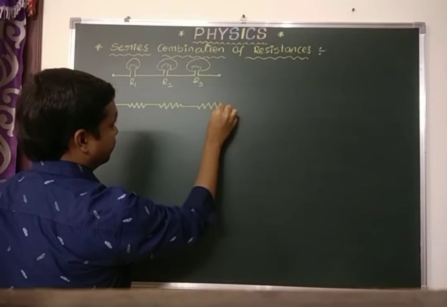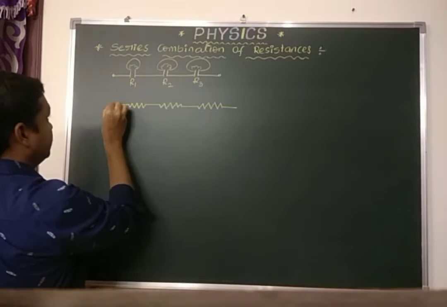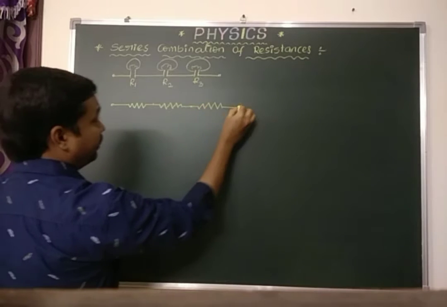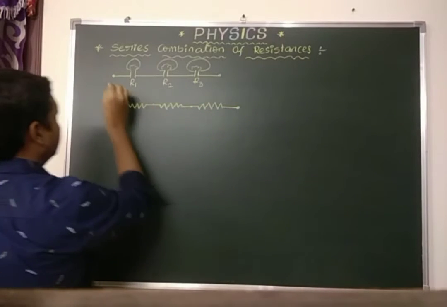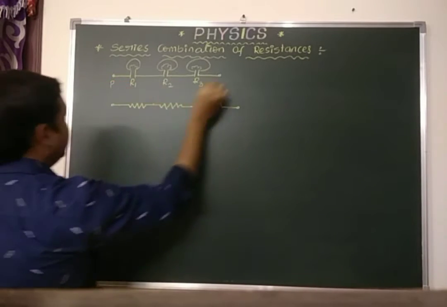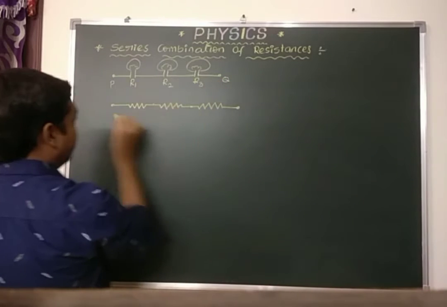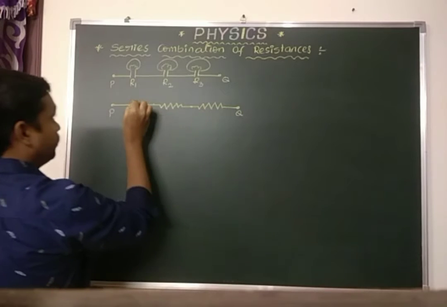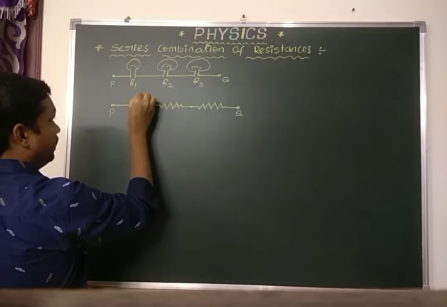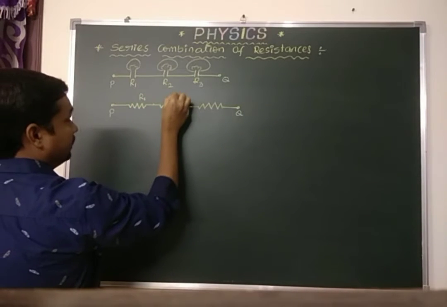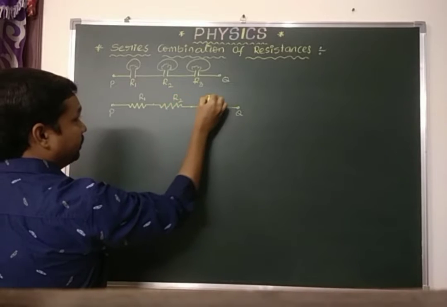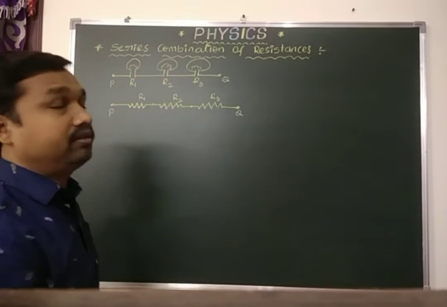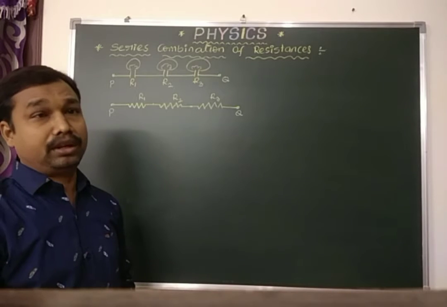Three resistances connected in end-to-end combination, with ends P and Q. The resistances of these three are R1, R2 and R3. This combination we call a series combination.